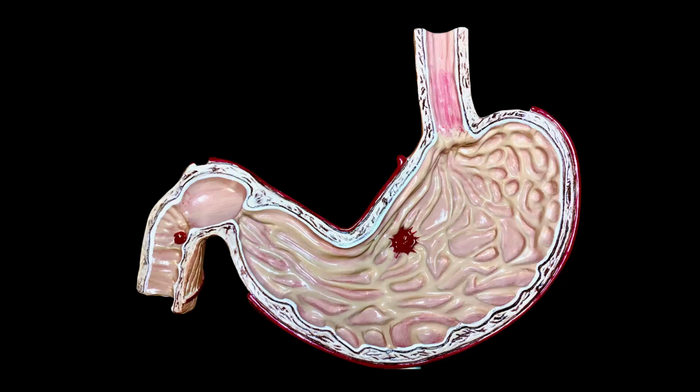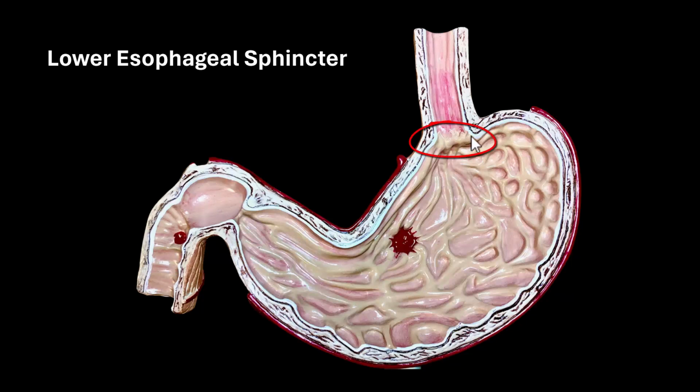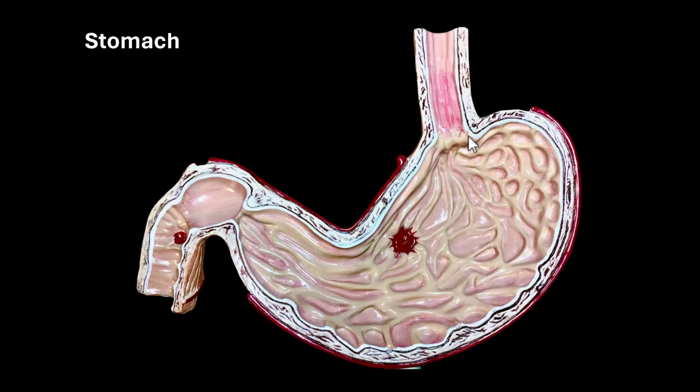And then in this model of the stomach, so this is the esophagus, and then the stomach, and then the first part of the small intestine, the duodenum. Here we're going to see the lower esophageal sphincter. Looking at some of the anatomy of the stomach, we have the fundus right here.